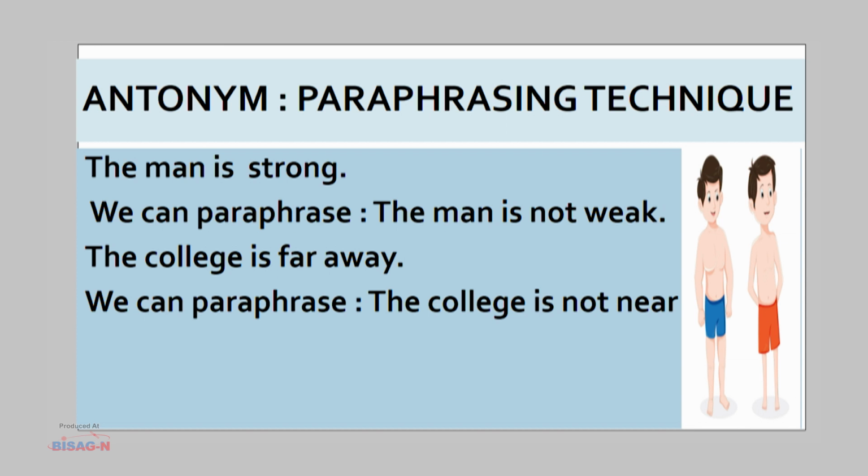I am giving you one example of the antonym paraphrasing technique. For example, the man is strong, and if I have to paraphrase it, I can say, the man is not weak. The college is far away. Then how can we paraphrase it? The college is not near. So this is how you are paraphrasing it, by changing into negatives.